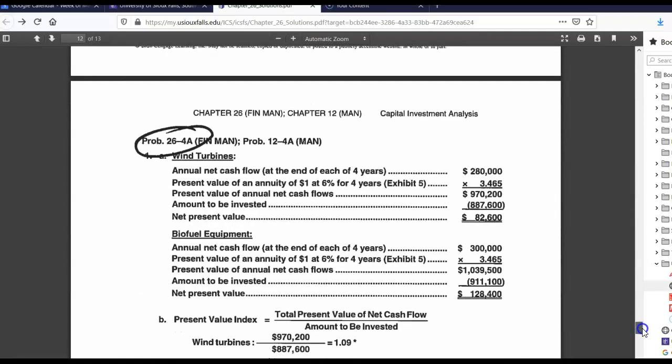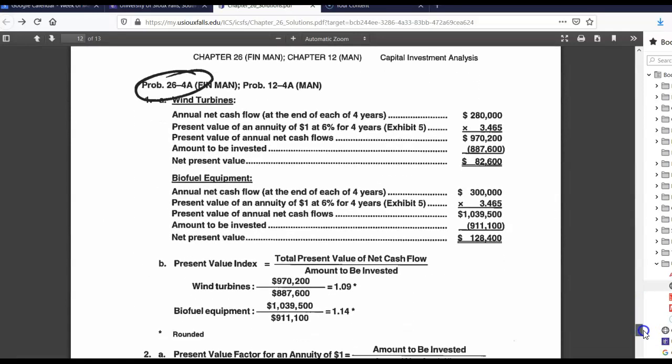On 4A, what they want you to do here is calculate both net present value and internal rate of return. Well, we'll take just a couple of minutes here and look at the net present value. Again, it's two alternatives. Nice thing here is annual net cash flow, so we don't have to calculate each year individually. It's the same, 280,000 each year times the factor.